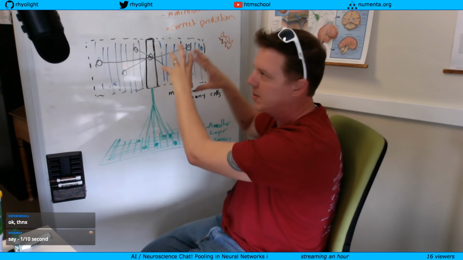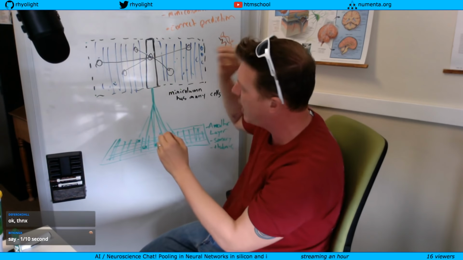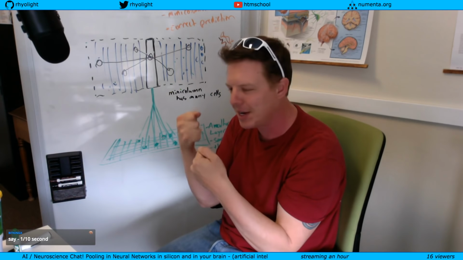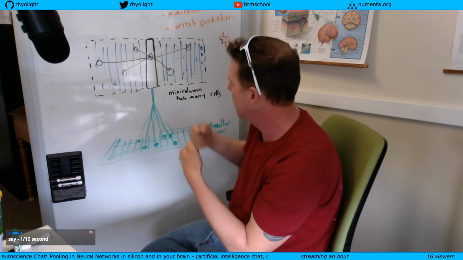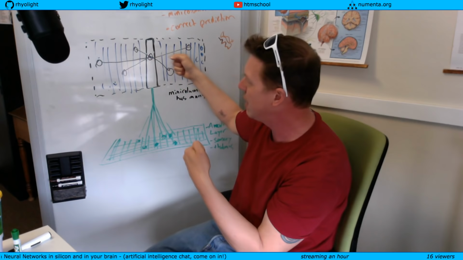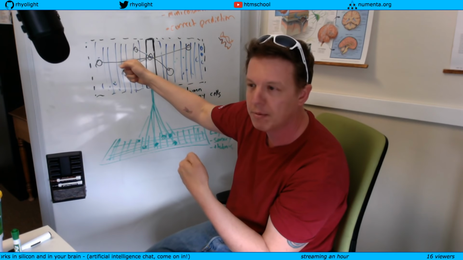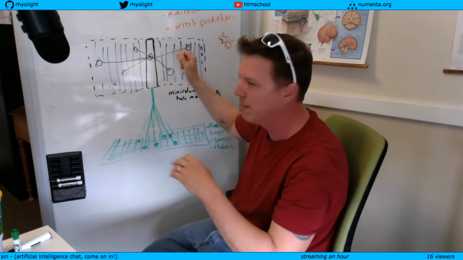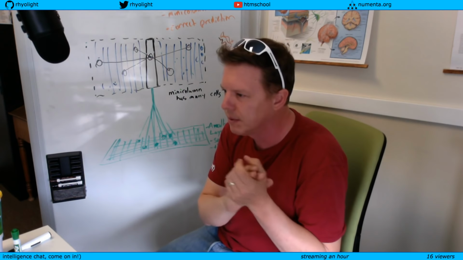You don't have to go outside that layer at all. You can apply spatial pooling and temporal memory. It's like peanut butter and jelly. You got to have one for the other. Temporal memory works right on top of spatial pooling, and then we've got other mechanisms that can also work on top of temporal pooling in the same way, or spatial pooling in the same way. Okay, but we'll get into those at some point.